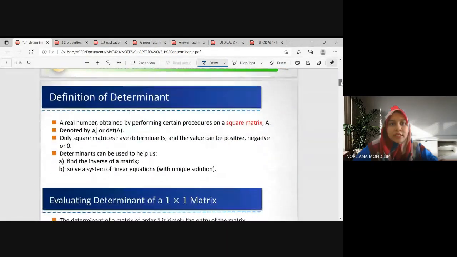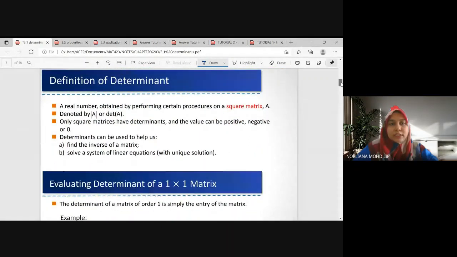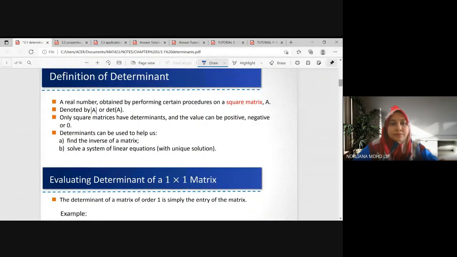First, we look at the definition of determinant. Determinant is a real number obtained by performing certain procedures on a square matrix.